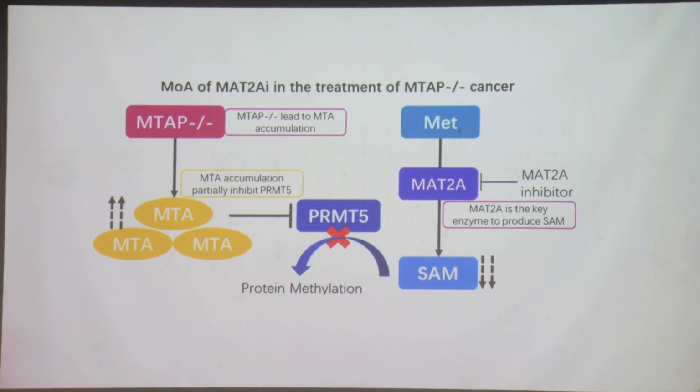PRMT5 is almost inhibited. A little bit more push, they die. Just a little bit more PRMT5 inhibition, they die. Or you inhibit this, so there is no SAM. So it's basically killing PRMT5, because without SAM, PRMT5 cannot function. So that is also synthetic lethal.